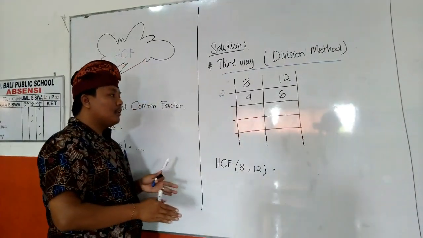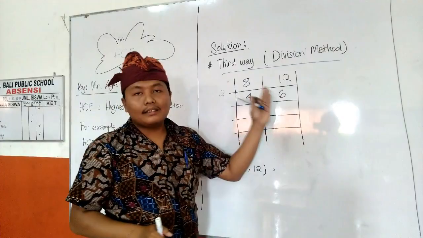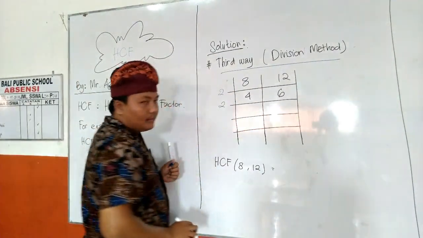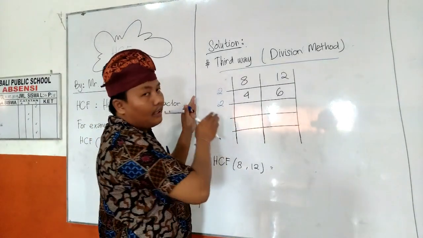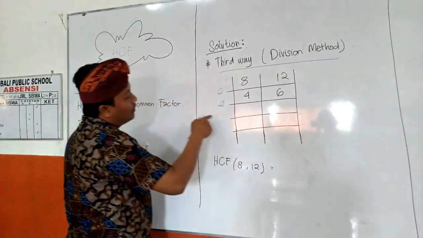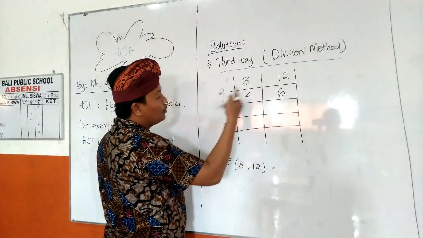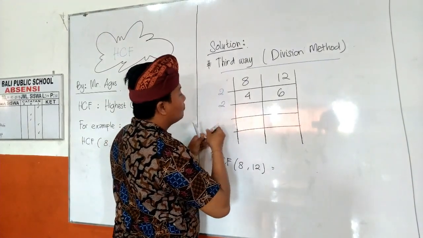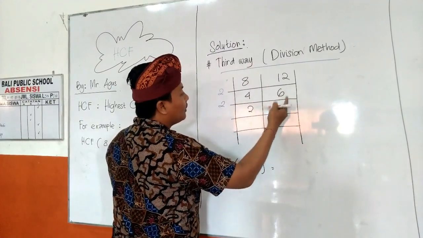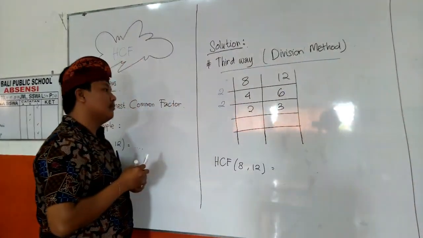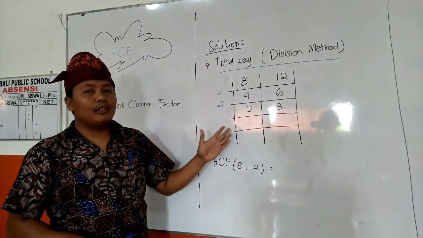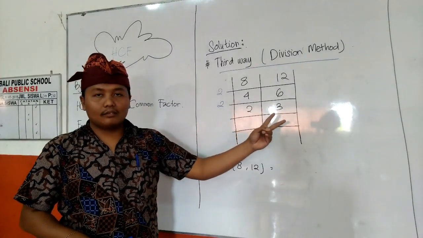What is the prime number that can divide 4 and 6? The answer is 2. Why? Because like I told you before, start from the lowest prime number. So 4 divided by 2, you will get 2, and 6 divided by 2, you will get 3. Can you find another prime number that can divide 2 and 3?